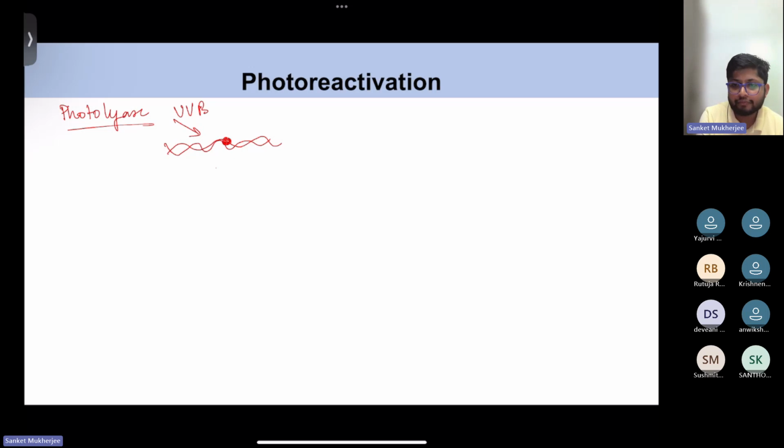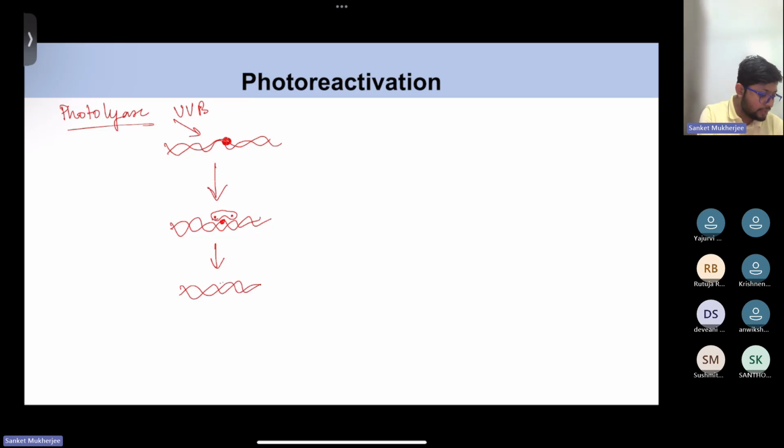One of the most common reasons could be CPDs. An enzyme called photolyase will come and bind to this damaged part and essentially correct this damage in the end. So this will be corrected. This is the process of photoreactivation.